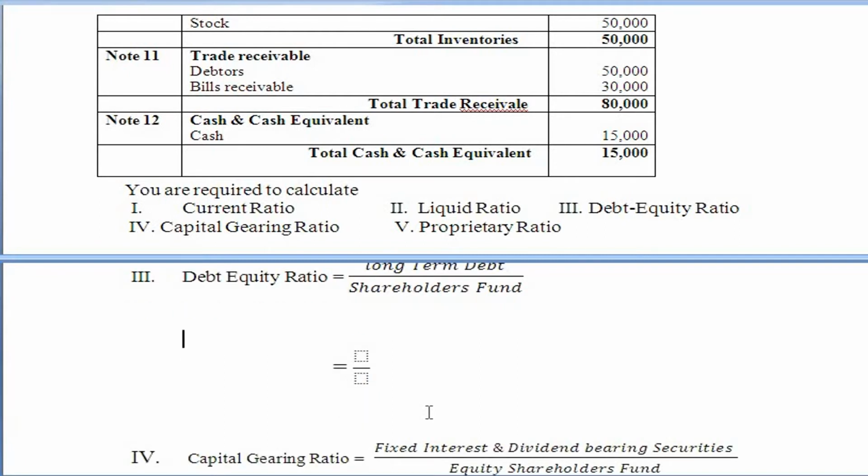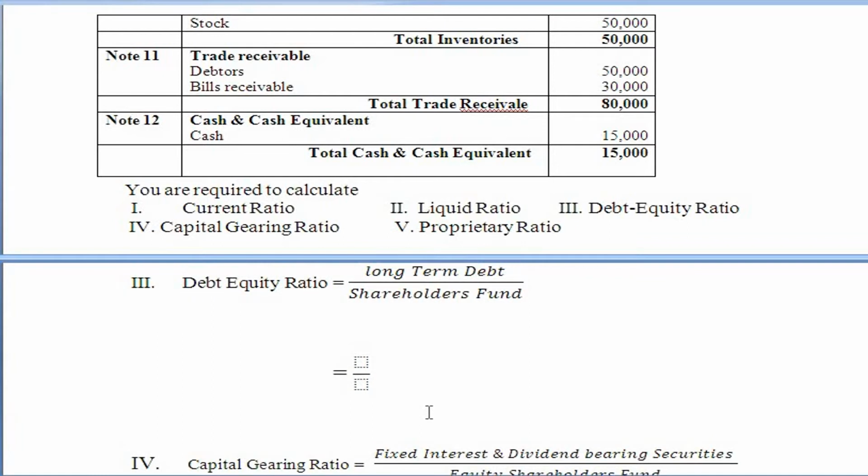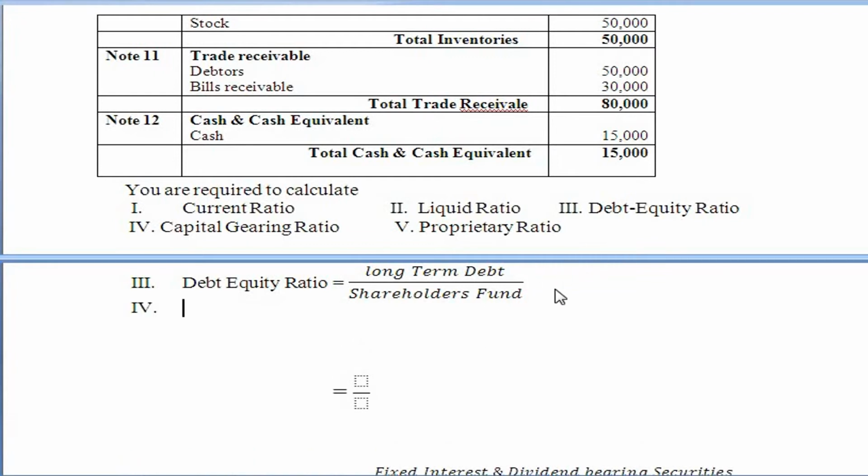Debt equity ratio is equal to long term debt divided by shareholders fund. Now we need to find out the amount of long term debt. Usually we find out long term debt by adding term loan or long term loan plus debentures.